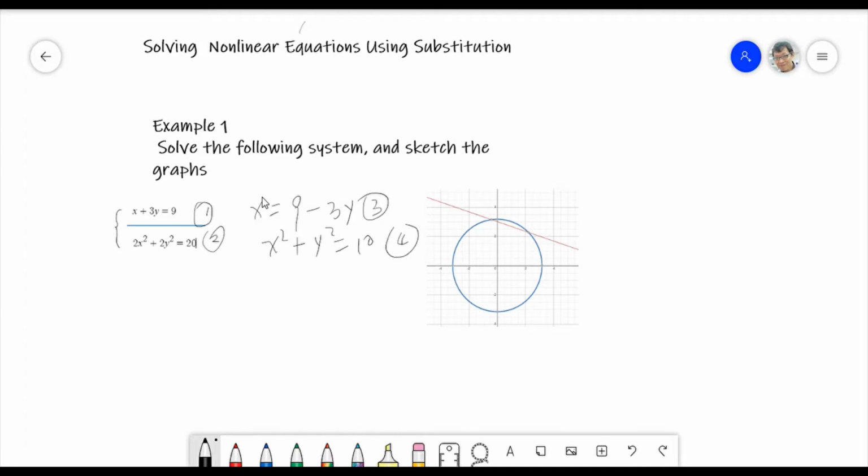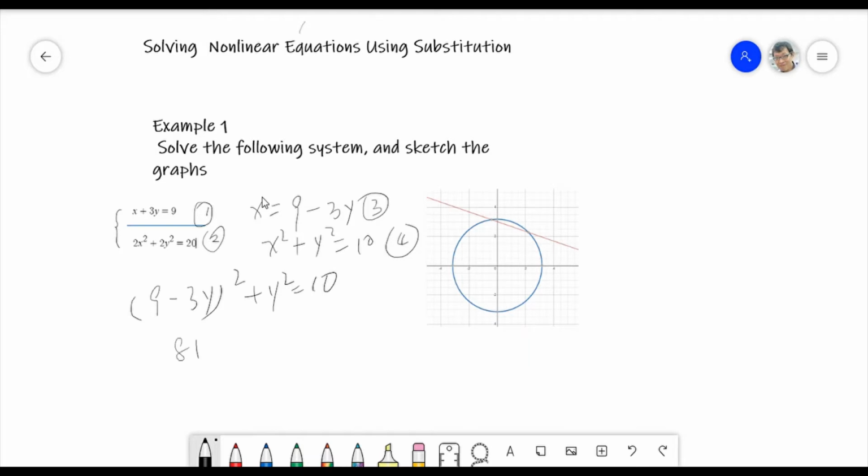Substitute the x in equation 3 into equation 4. So (9 minus 3y) squared plus y squared equals 10. Here we can solve that.